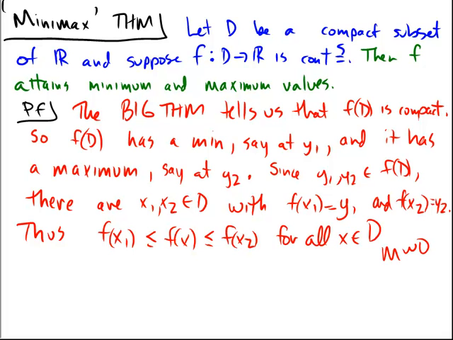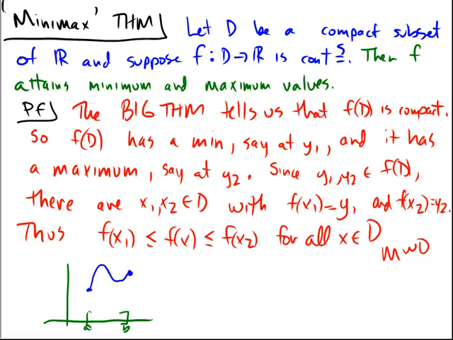Maybe we should draw a quick sketch of this so that we can see what it looks like. So remember, we've got a closed and bounded set, so for the sake of simplicity I'll just assume it's essentially an interval here, like a going to b, but technically any closed and bounded set would work. And all this theorem is saying is that no matter what the function does, maybe it goes up like this and over like that, but it's closed and bounded, so we have to make sure that we have endpoints on it.